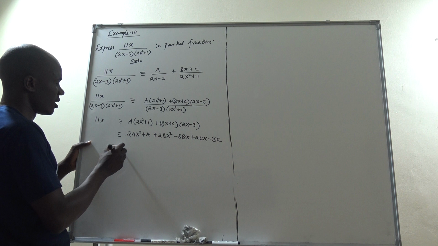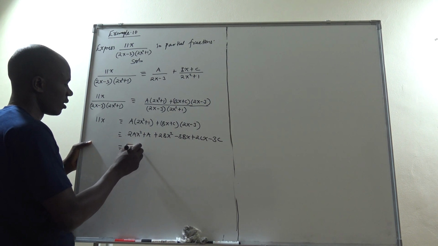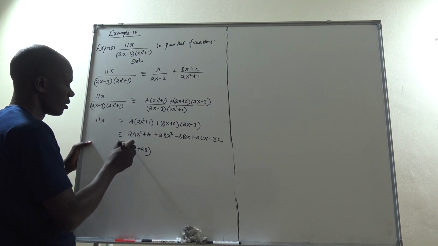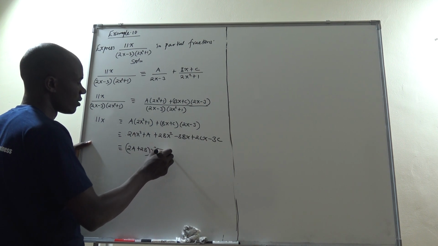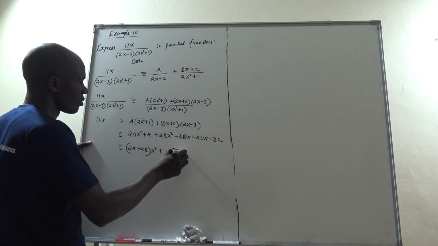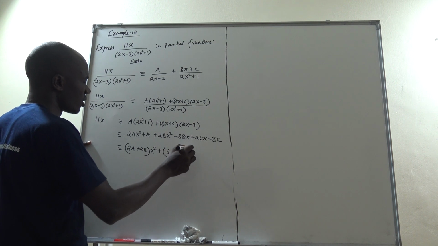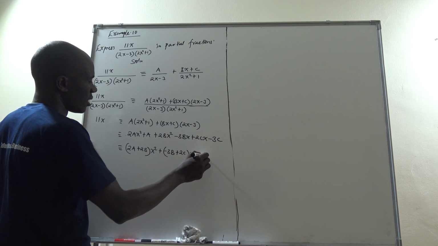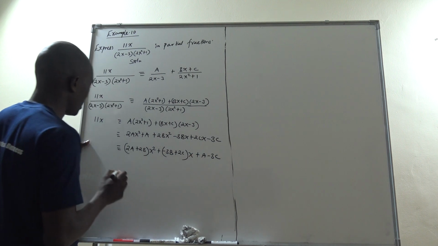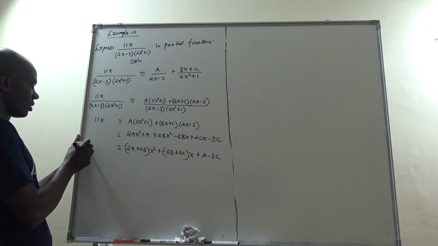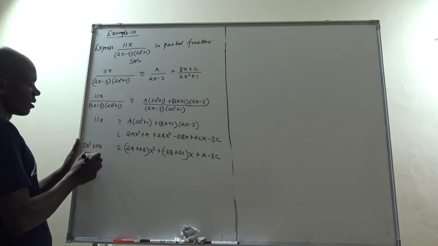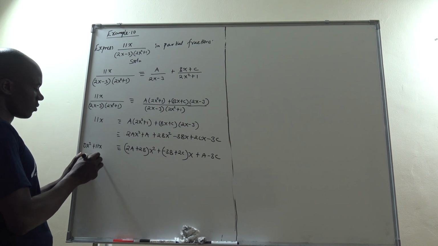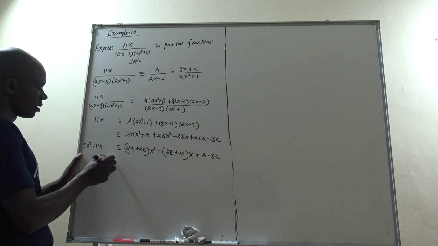So this is the same as (2A plus 2B)x squared, then plus (negative 3B plus 2C) into x, then plus (A minus 3C), which is the same as 0x squared plus 11x. So equating coefficients of the same monomials.